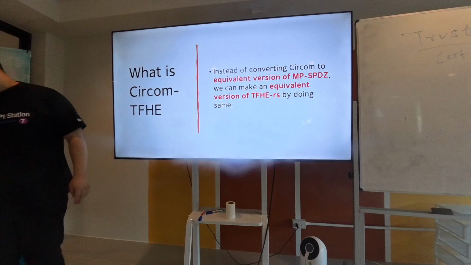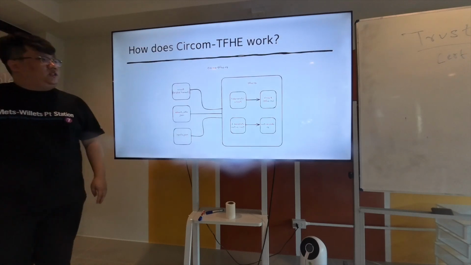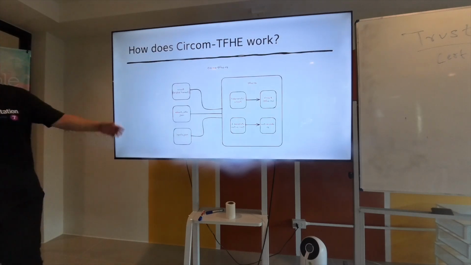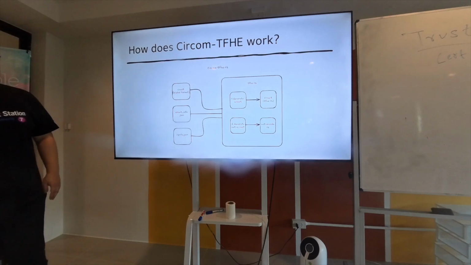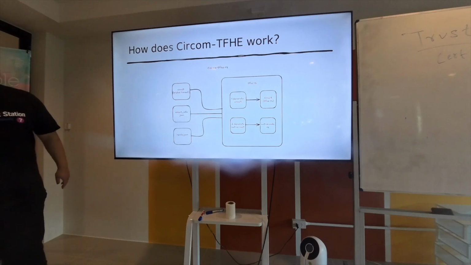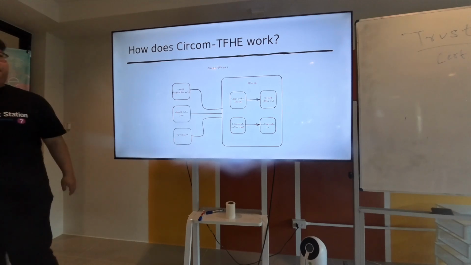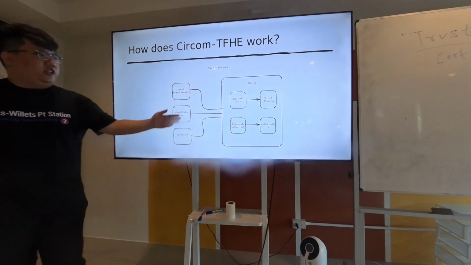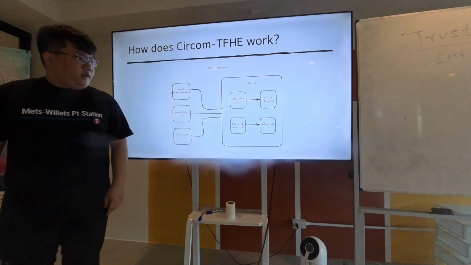That is all about it. The working procedure is that there is a Bristol format circuit converted from the Circom circuit, and there is also circuit information and an input. Using these three, we can make a TFHE circuit, generate it, and run it.